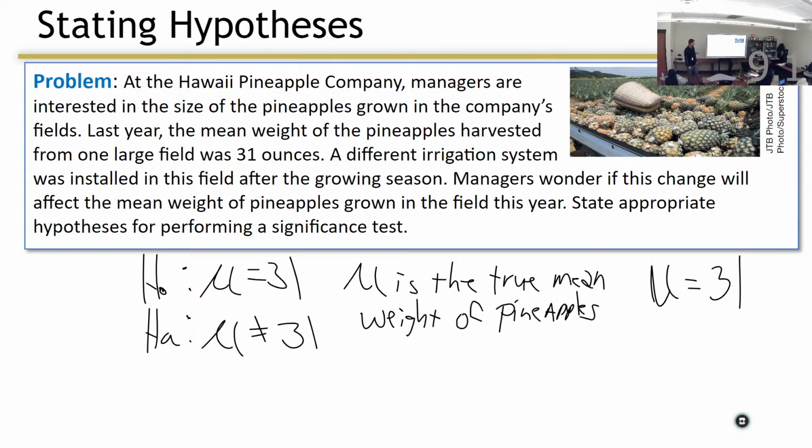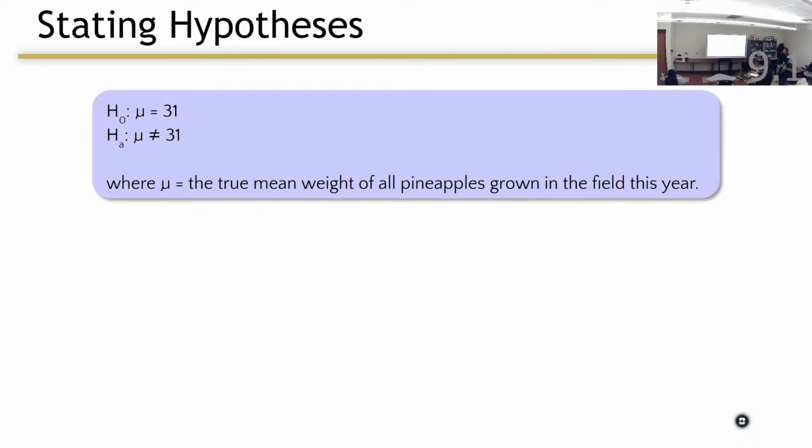True mean. Any questions? Told you, I don't think this is hard. Mu equals 31. Mu does not equal 31, where mu is the true mean weight of pineapples grown in the field this year.